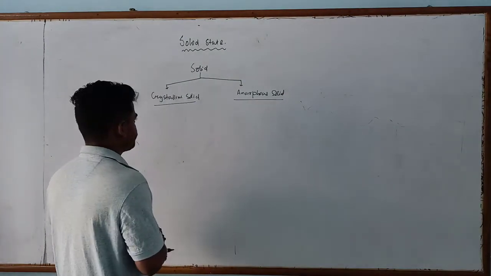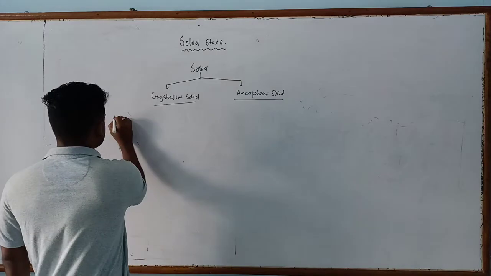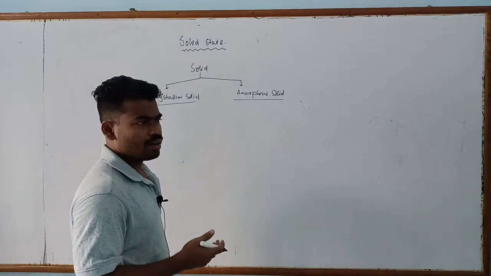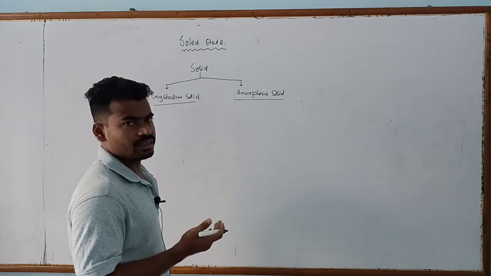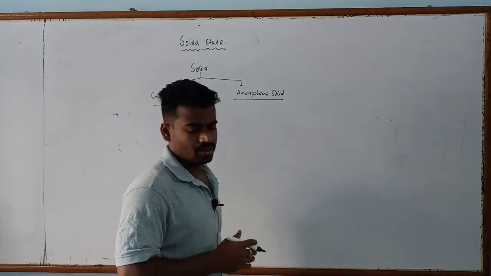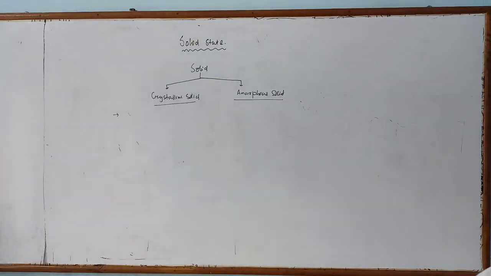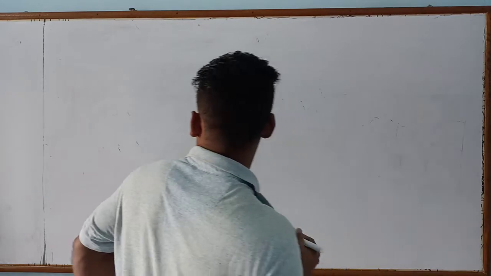You see, first of all, a crystalline solid has a regular or orderly arrangement of particles. Now, two important categories of solid.